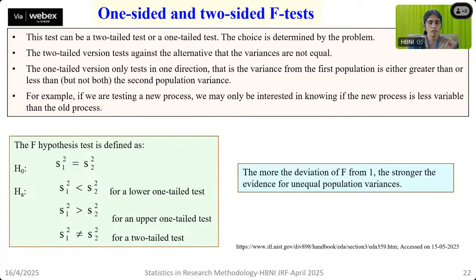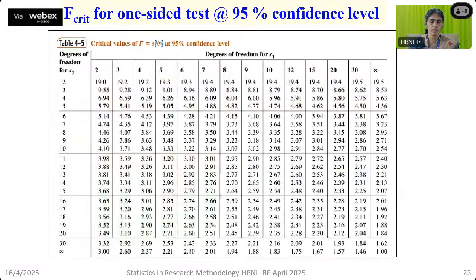If both are comparable, you can propose the null hypothesis that both variances are comparable. The more the deviation of the F value from unity, the stronger is the evidence of unequal variances in the two populations being compared. These are the inferences taken from one-tailed as well as two-tailed F tests.